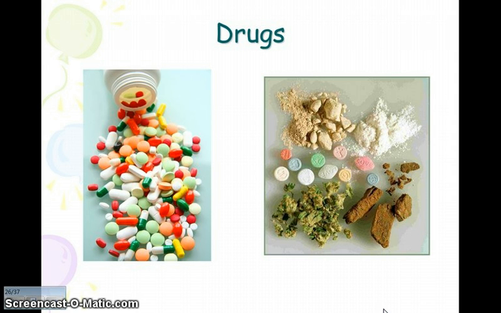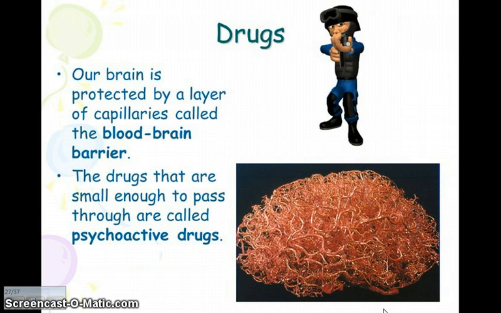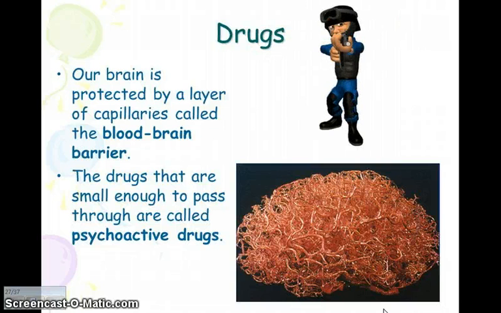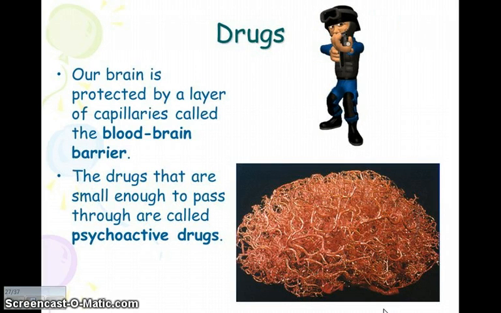So let's take a look here in terms of various drugs. Basically, I want to explain what we mean by the term psychoactive drugs. Our brain is protected by a layer of capillaries called the blood-brain barrier. Essentially, drugs that are small enough to pass through that can actually get into the brain and have an impact on the brain and cause various psychological functions or malfunctions within the brain.